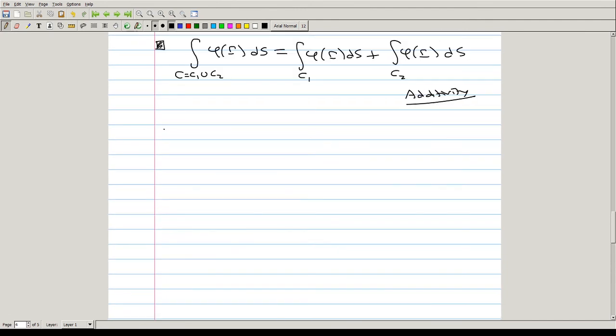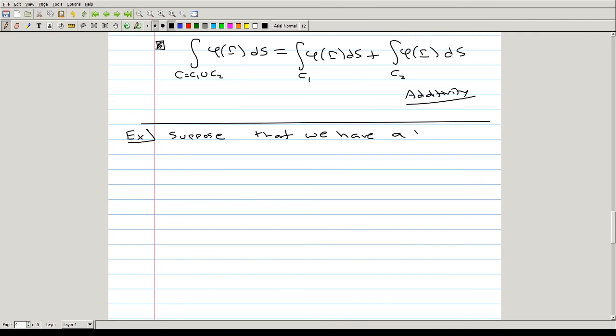Suppose that we have a helical wire with a mass density along the wire.